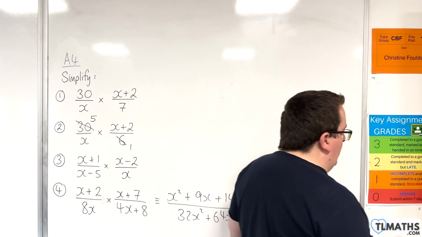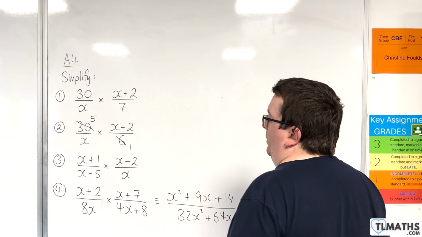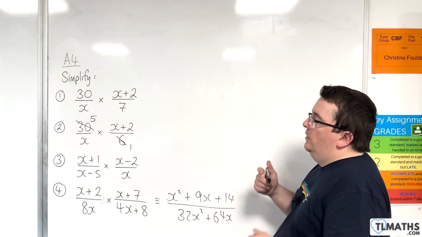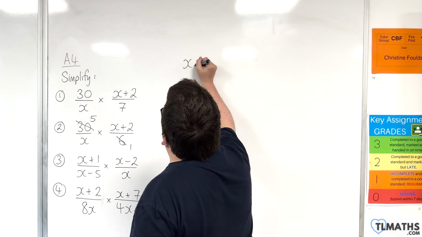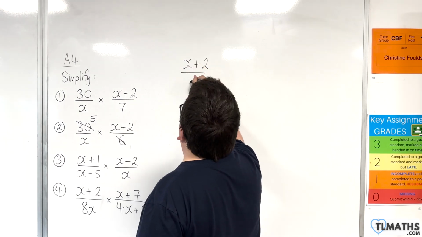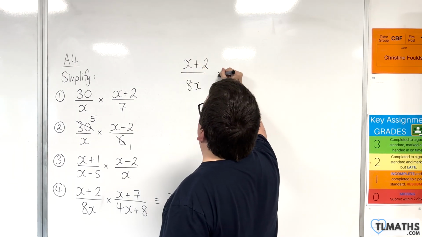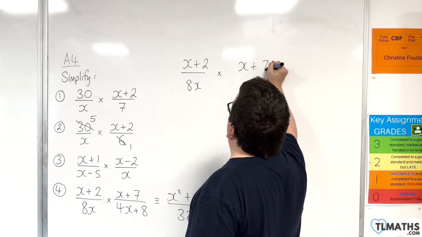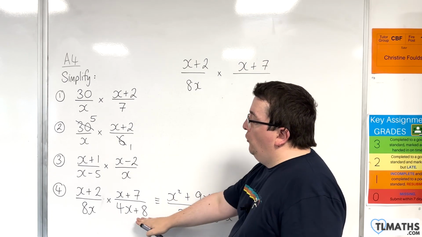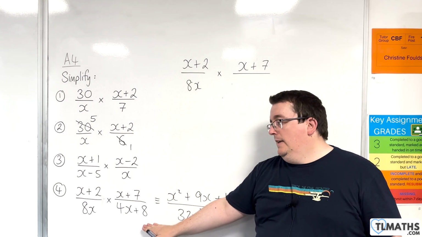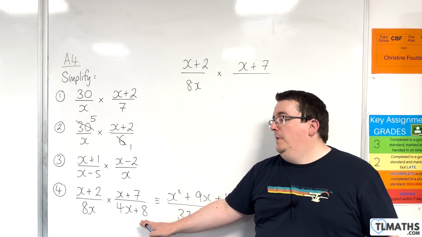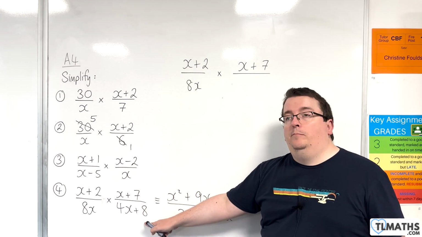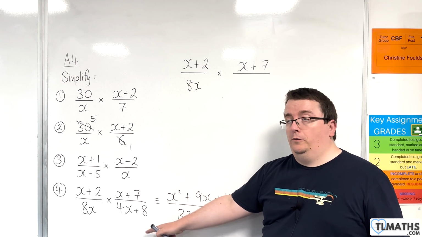Now, what I'm hinting at here is that we could have made a simplification earlier. So I'm going to rewrite the question up here. x plus 2 over 8x times x plus 7 over 4x plus 8. Now, the 4x plus 8 can be factorised because 4x and 8 both have a common factor of 4.